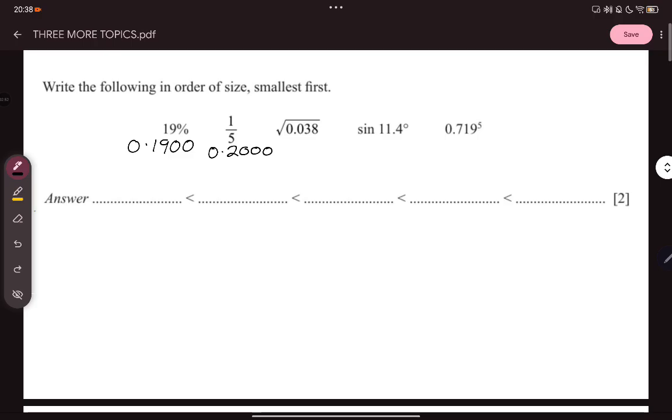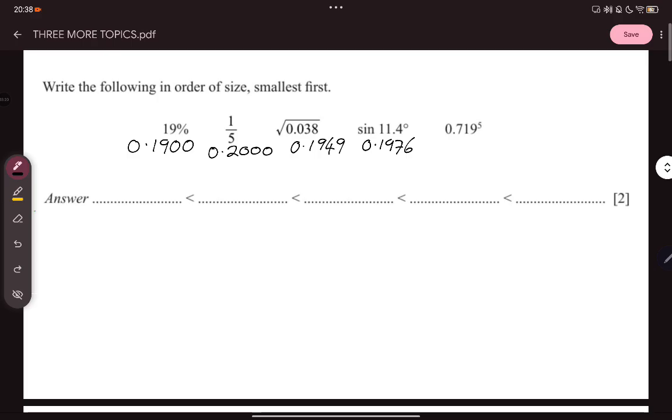Square root 0.038 is 0.1949. Sine 11.4 degrees is 0.1976.